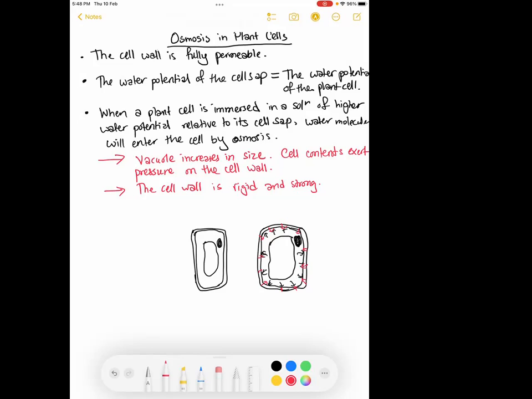I'm just going to write these points, whatever I mentioned. So the cell wall exerts an opposing pressure on the cell contents, preventing more water entry.